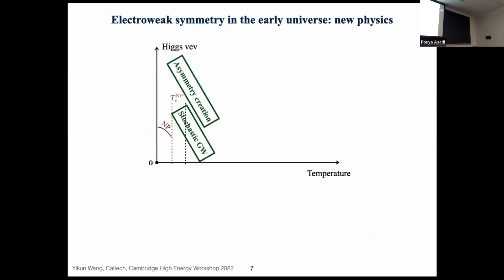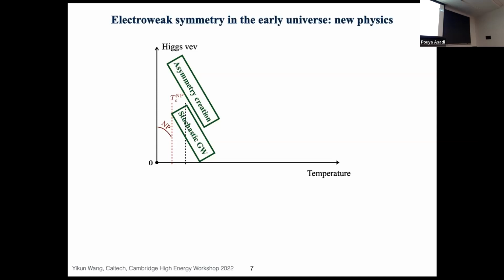A lot of research and effort has been devoted to studying the behavior here at the electroweak scale around 100 GeV, where with new physics degrees of freedom, you can modify the behavior so the Higgs can pick up the non-zero vacuum expectation value abruptly, or discretely. This is a feature of a strong first-order electroweak phase transition. And here we can talk about asymmetry creation, we can talk about a stochastic wave background.